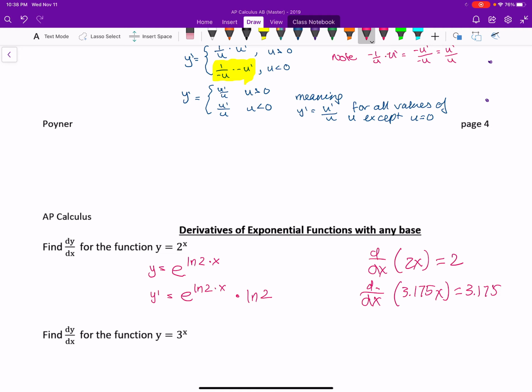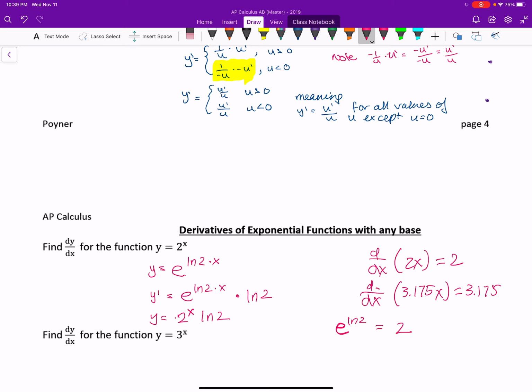So that means when I'm taking the derivative, it becomes e to the natural log of 2 times x, but e to the natural log of 2 is actually equal to 2. So I can now go back and replace this and write 2 to the x times the natural log of 2.